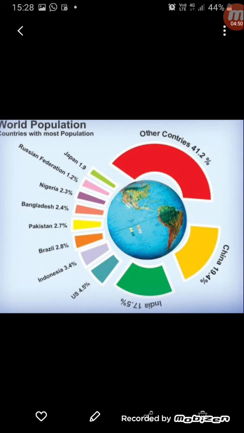Now they have shown you that the highest population is in China, 19.4%, India is having 17.5%, USA having 4.5% of world total population, Indonesia having 3.4%, Brazil having 2.8%, Pakistan having 2.7% of the population, Bangladesh 2.4%, Nigeria 2.3%, Russian Federation 1.2%, Japan 1.9%, and the rest of the other countries form 41.2% of the total global population.